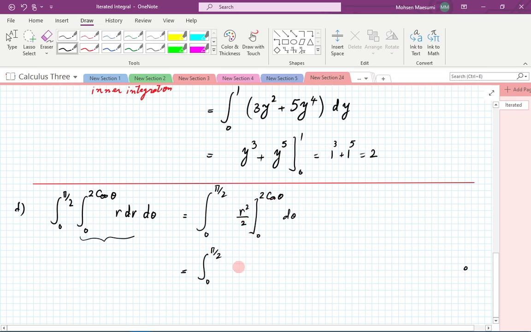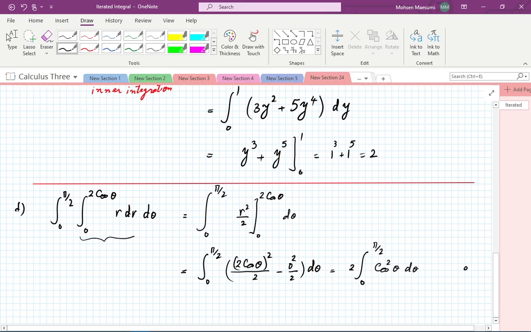So 2 cosine theta squared over 2, and then at 0, when you plug 0 in here, it becomes 0 squared over 2, d theta. So 2 squared over 2, that's just a 2, and this is just 0. So it all boils down to the integral from 0 to pi over 2 of cosine squared of theta d theta.